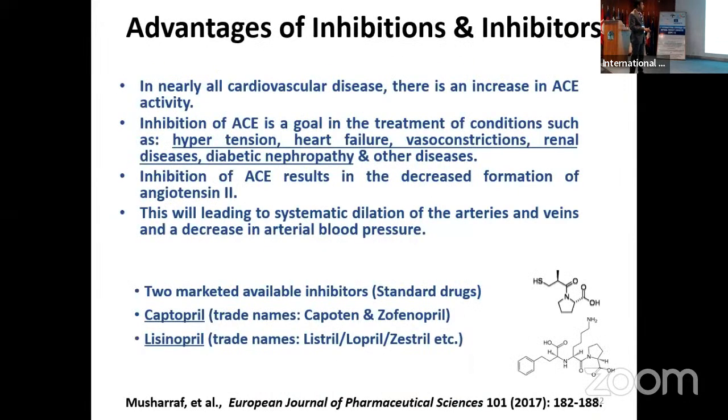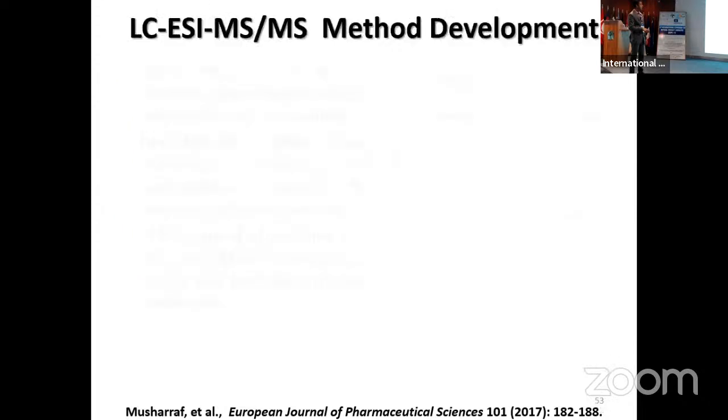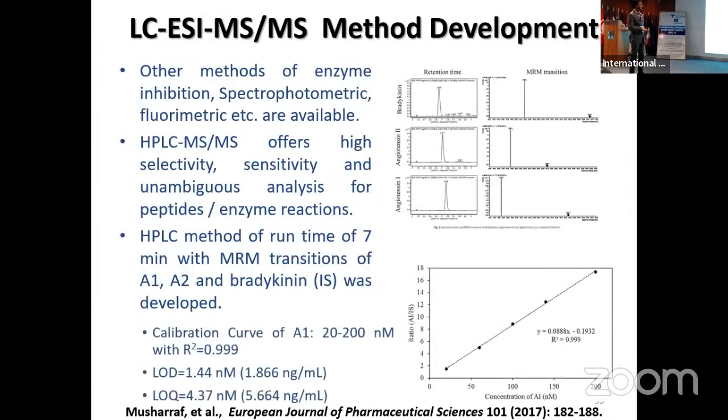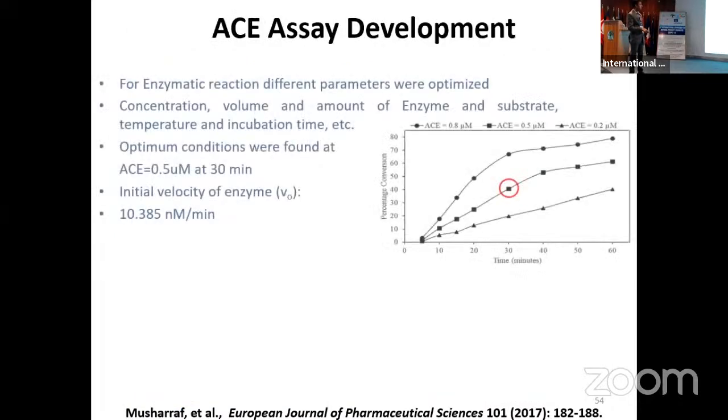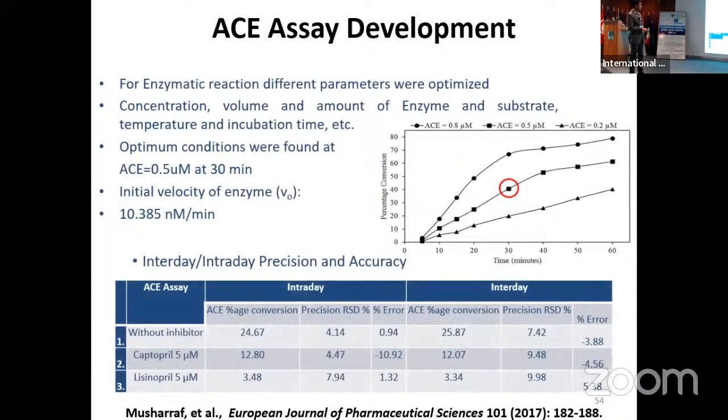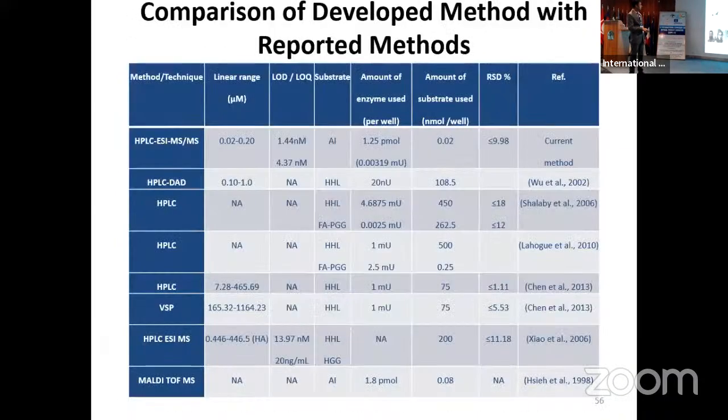If you just look at these 2 standards that we have screened, captopril and lisinopril, we developed an excellent regression curve and identified the limit of detection and limit of quantification as well. But most importantly, if you look at the comparison, this is our developed method, and this is the analytical method reported so far.